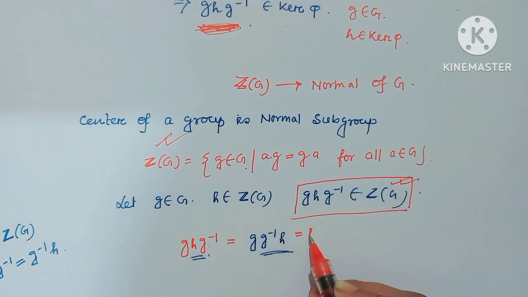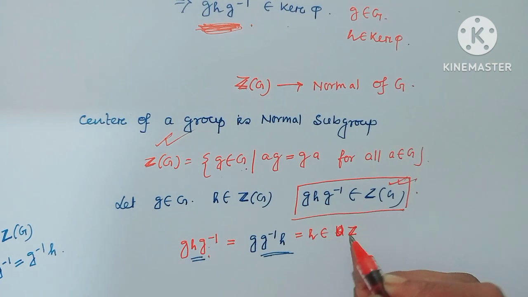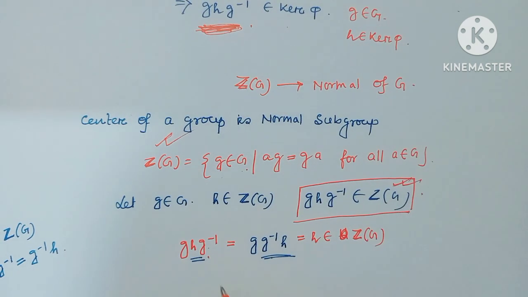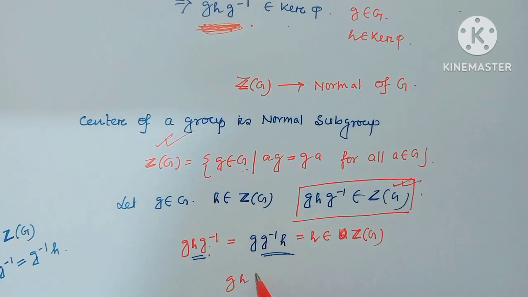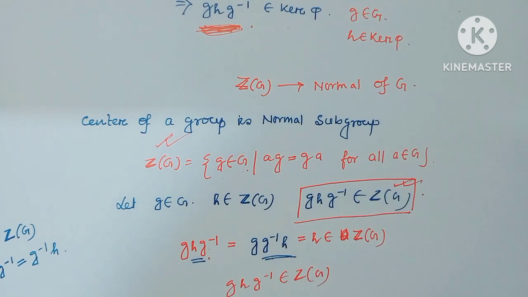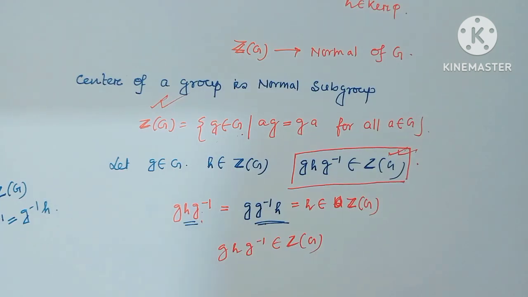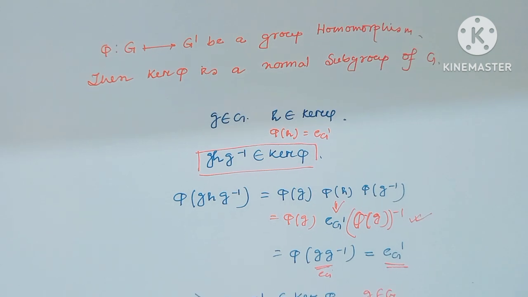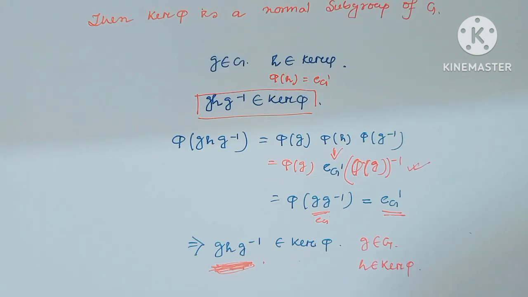This is equal to a, which belongs to Z(G). That means g a g inverse belongs to Z(G). So Z(G) is a normal subgroup. I hope all my viewers have understood this clearly. Okay, well. So the center is a normal subgroup, and the kernel is also a normal subgroup.